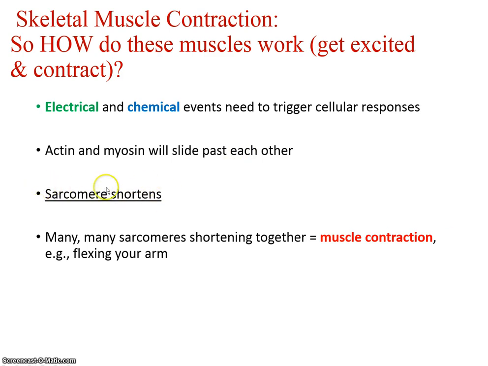So you pretty much see that once we begin this action of shortening on the very microscopic level, it'll result in shortening on the macroscopic, the big level, all right? So with many of these things working together, we get a muscle contraction. And that would be an example: flexing your arm, abducting your arm, extending your leg, stuff like that.